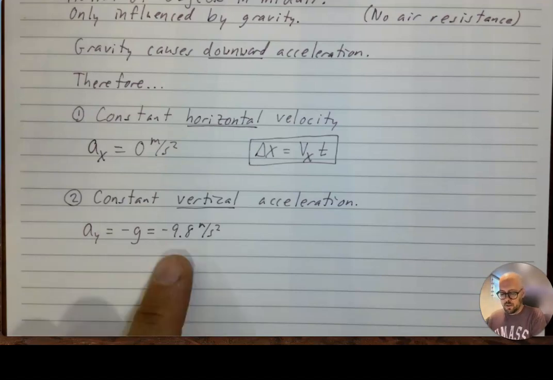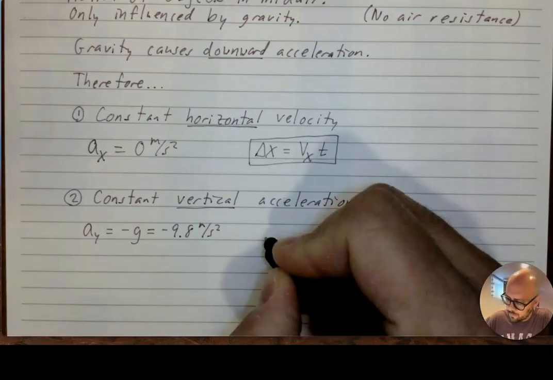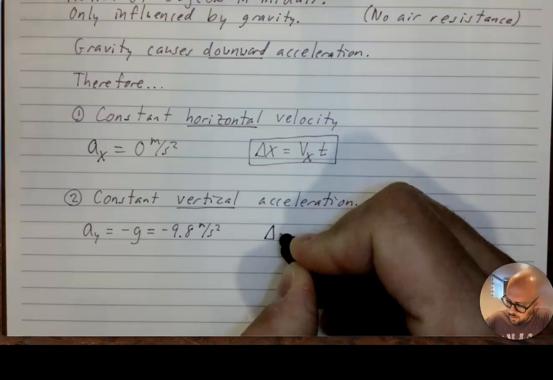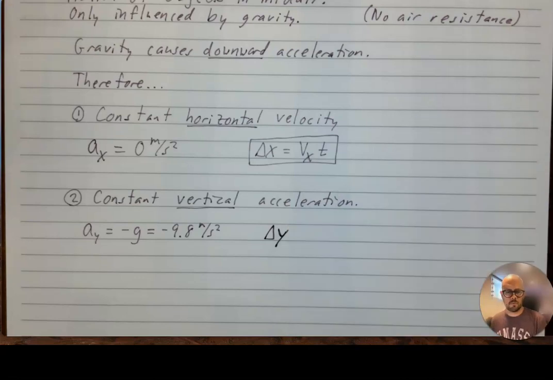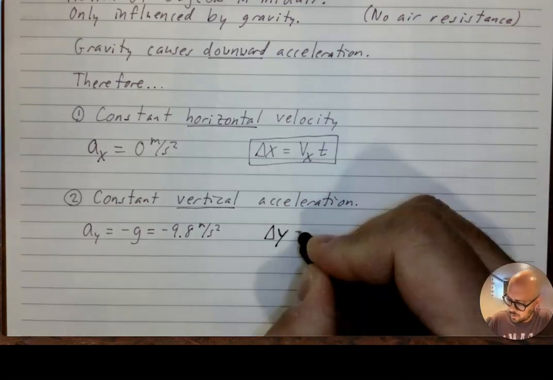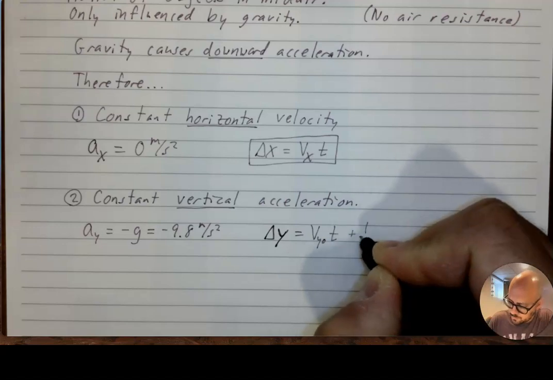But it doesn't matter. Anyway, because of that constant vertical acceleration, we can write the kinematic equations a little bit differently. We can write them in terms of the y direction. So instead of delta x, we have delta y. That's the vertical displacement. And I'll just write out the rest of this equation and explain it.